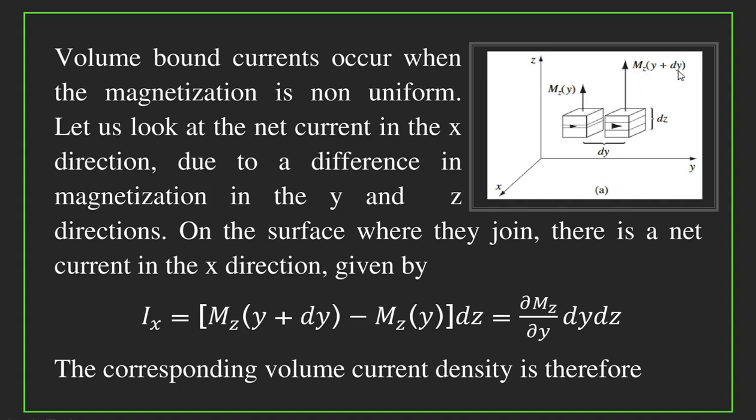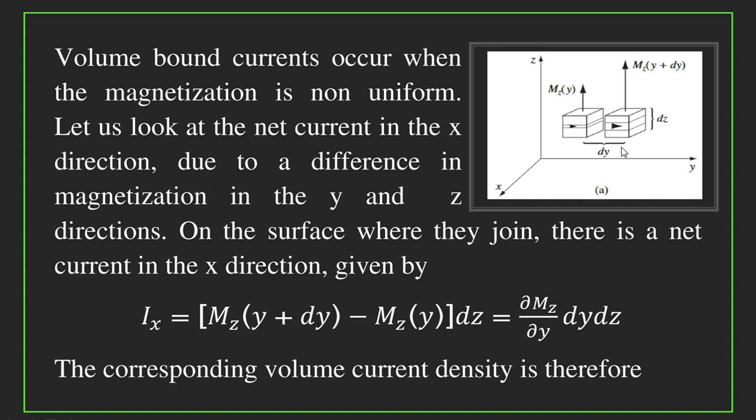So there will be a current passing through this dipole, and that dipole has a width dz, because this is the z direction, and the distance between these two dipoles is dy, because this is y and this is y plus dy.